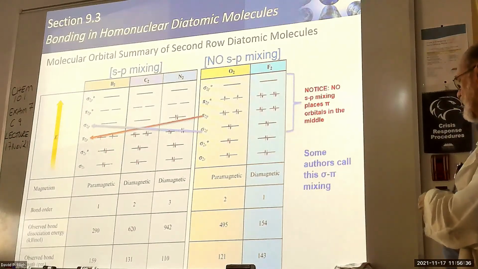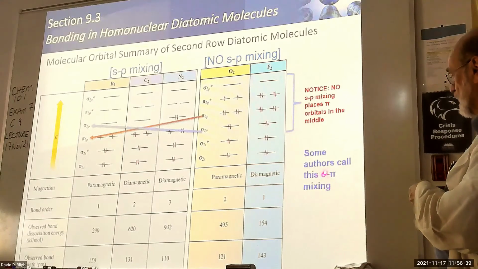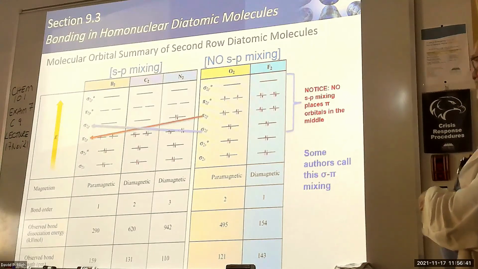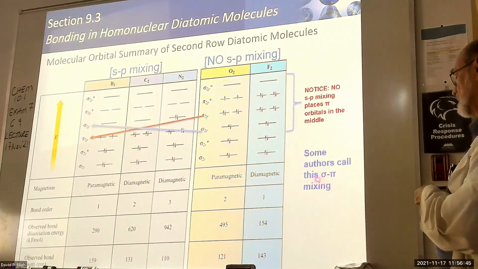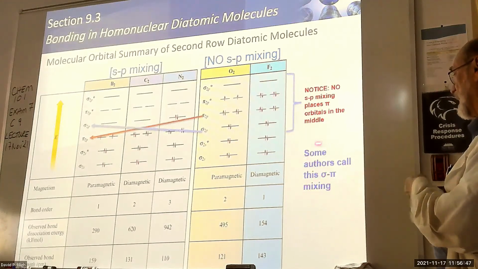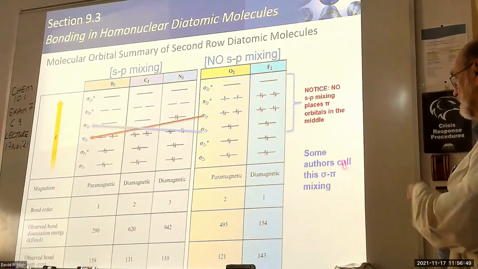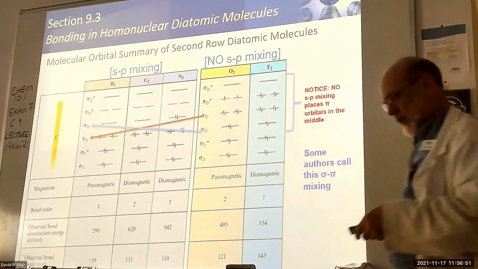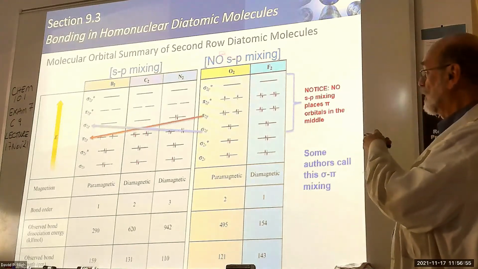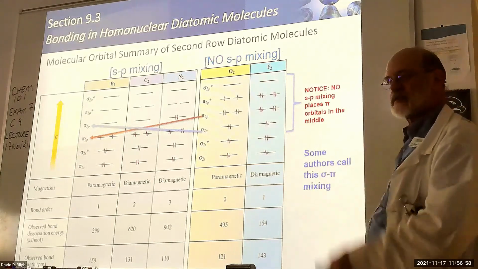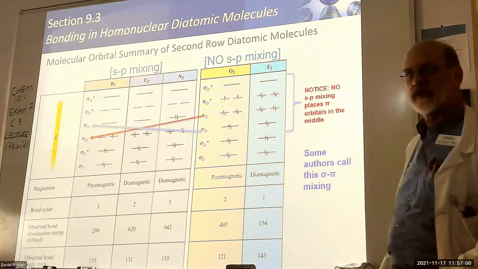I just noted that some authors call this sigma-pi mixing. And that's probably strictly speaking correct, because we're talking about molecular orbitals, not atomic orbitals. But for some reason, sp mixing is stuck and a lot of people still use it.